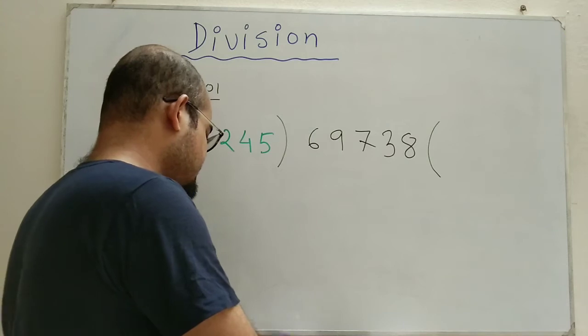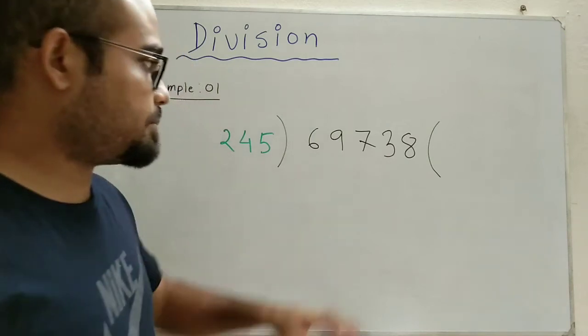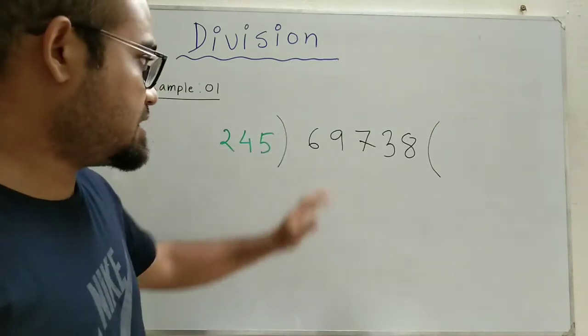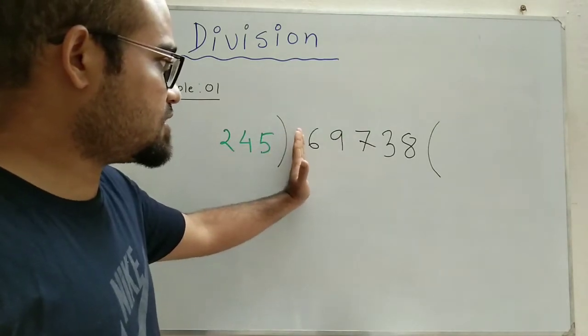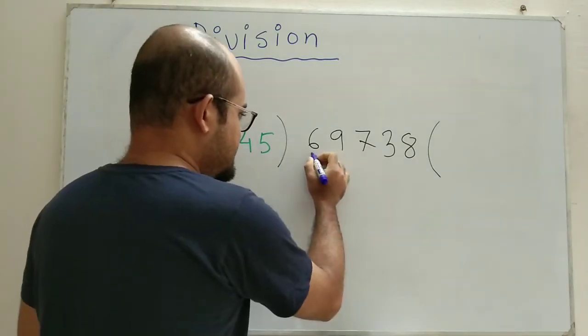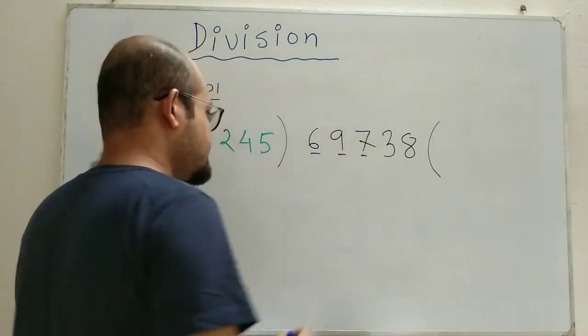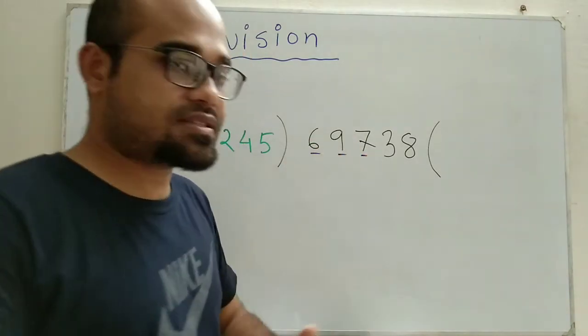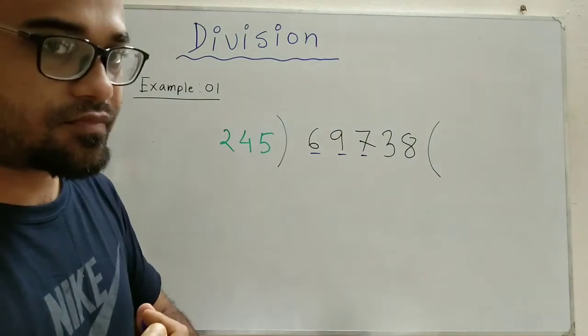So since the divisor consists of 3 digits, we will pick up 3 digits from the dividend, starting from the extreme left corner. Which digits will I pick? 6, 9, 7. And the number formed by these 3 digits is 697.